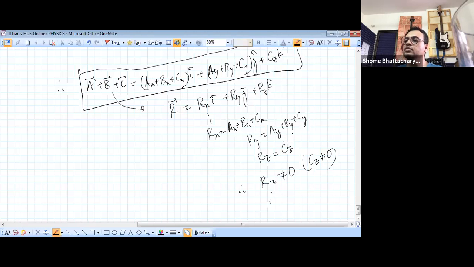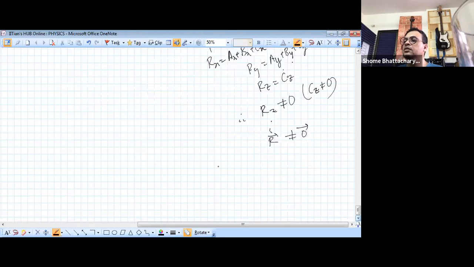So therefore, first of all, the resultant cannot be a null vector, and secondly, the resultant is not coplanar to vectors A and B, because vectors A and B were defined in which plane?